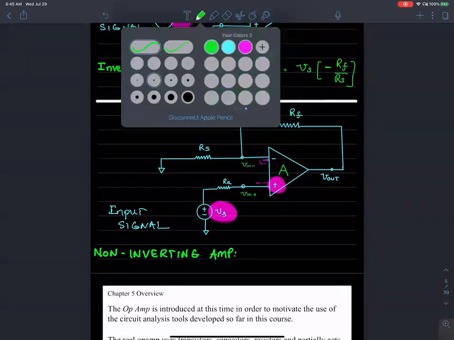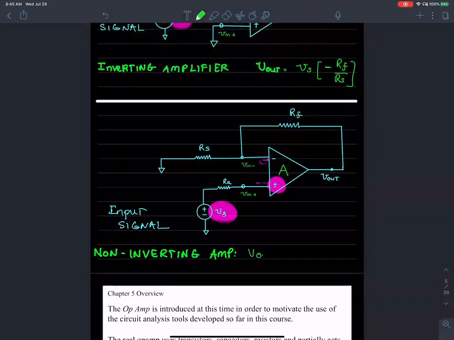For a non-inverting amplifier, the output is the input multiplied by some gain.